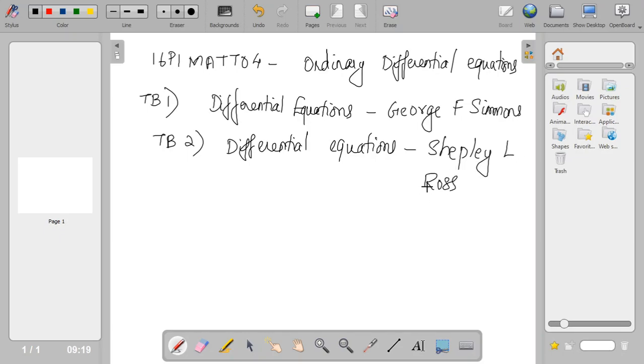The e-books for both are available, and in case you are not able to find them, I can send you an e-book or the respective modules.